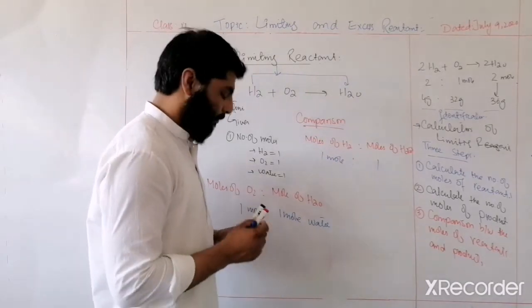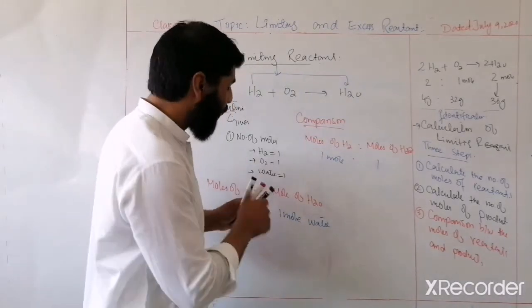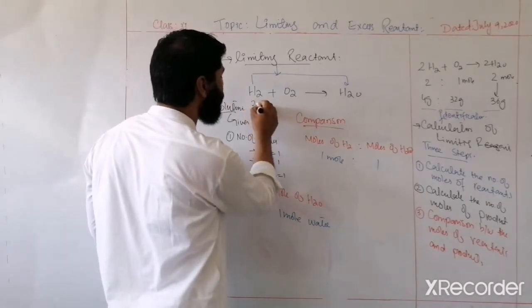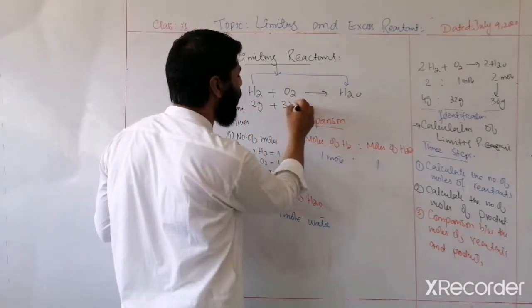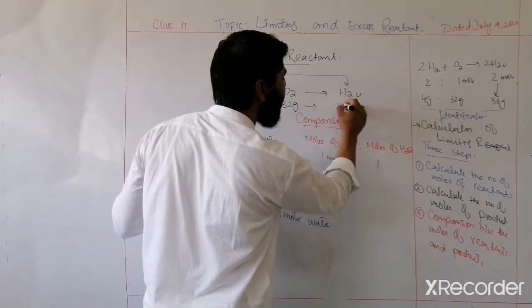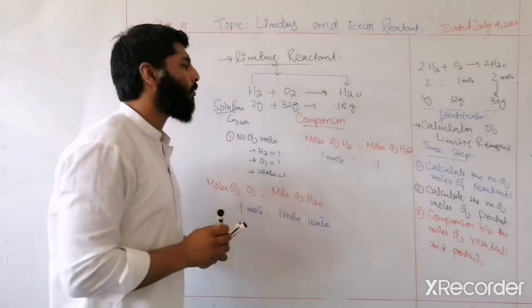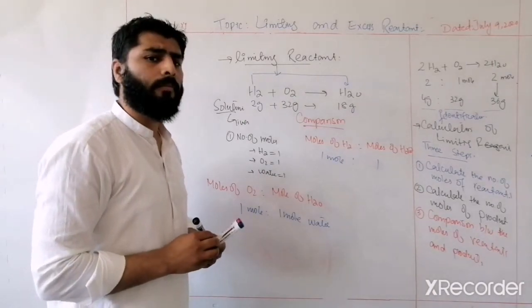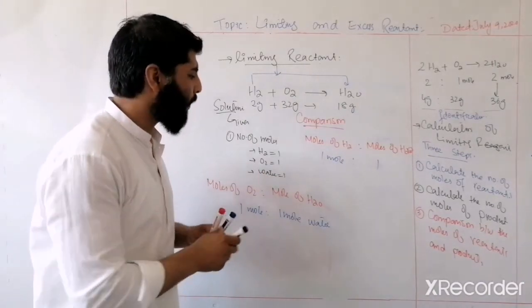Now find the mass. According to the reaction, in total we have 2 grams of hydrogen and 32 grams of oxygen to produce 18 grams of water. Now compare.